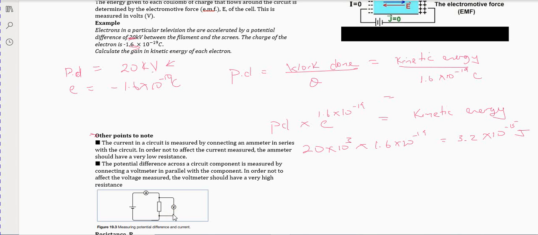So you want to limit as much as possible the amount of current flowing through the voltmeter, hence whenever you're designing a voltmeter, you have to ensure that it has a high resistance. If you used a voltmeter that does not have a high resistance, it would take away some of the current that is required to flow through this resistor, and it would affect the whole reading, so to speak.